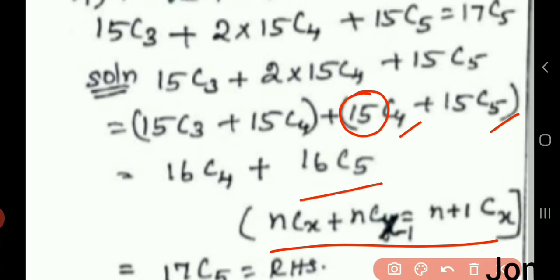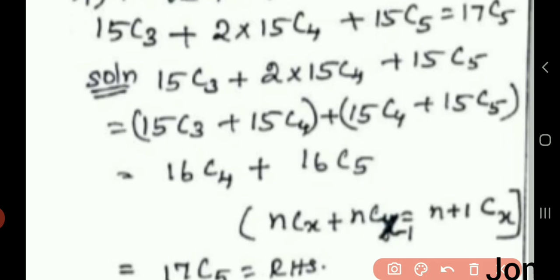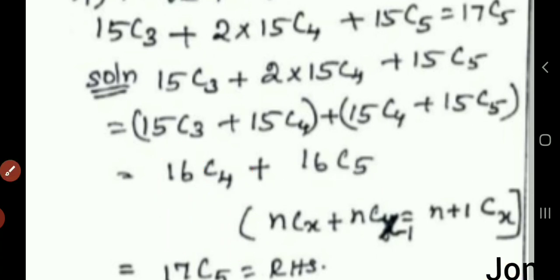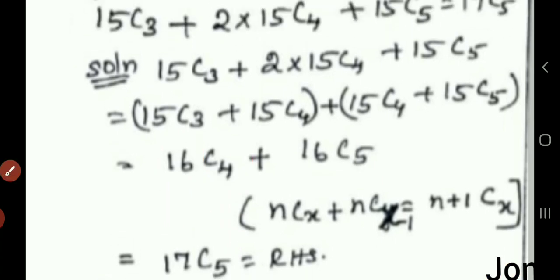So I can write this as 16C5. Again I use the same formula here: n is 16, so 16 plus 1 is 17, and x is 5 here. Therefore, now I have on the right hand side 17C5.